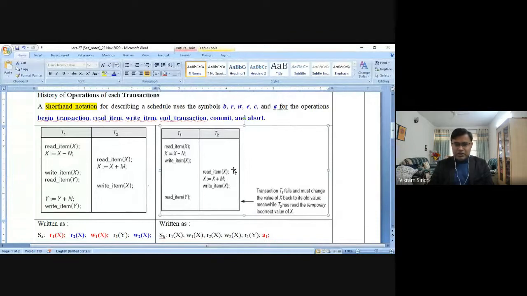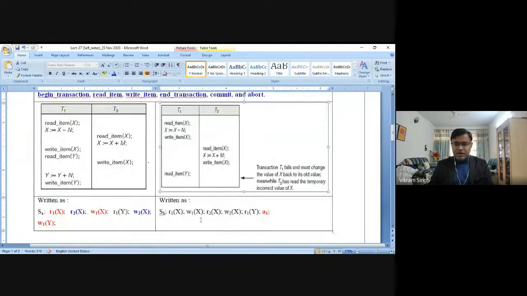And suppose this transaction T1 fails, then what will the representation be? It will be like a read of X, then write of X. So these two operations of transaction T1, and after that you have the sequence of operations from T2. So it will be like R2X, then W2X, means both read and write operations from transaction T2.